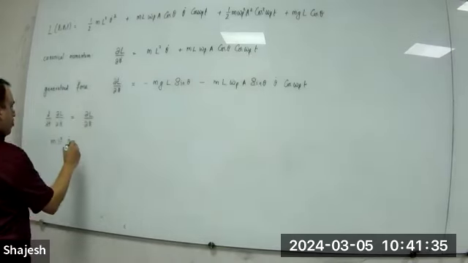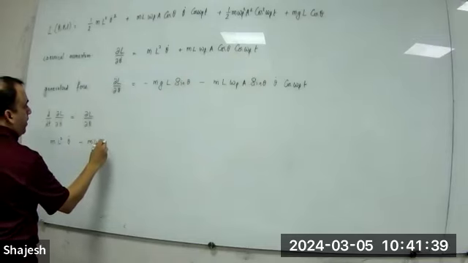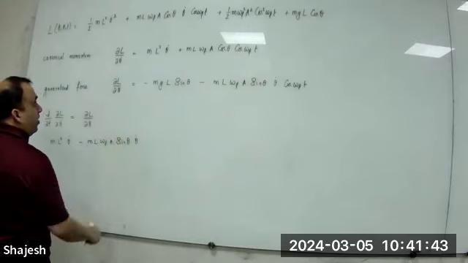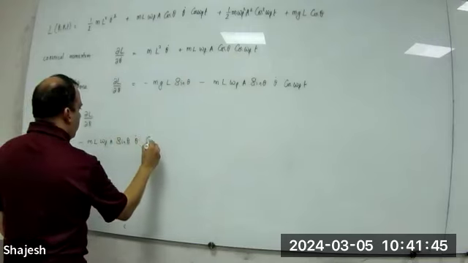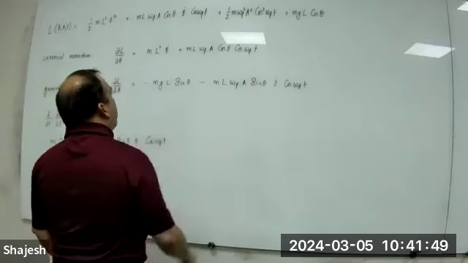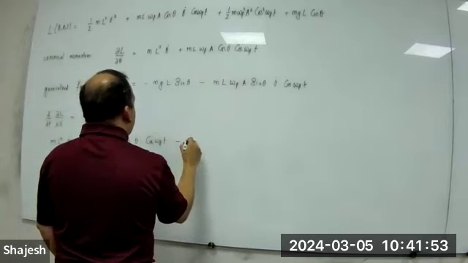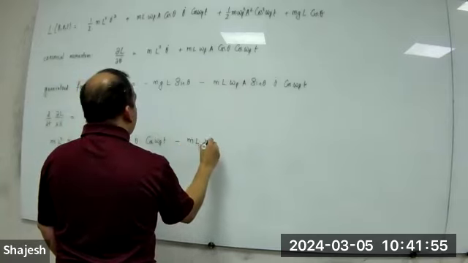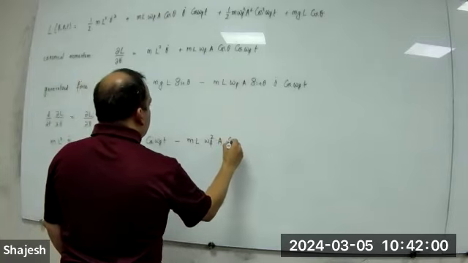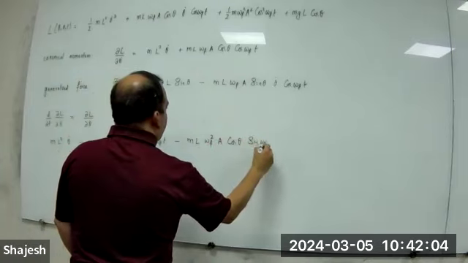When I do the first one, it is minus m L omega_f A sine theta dot cosine omega_f t. And now I can take the derivative of the cosine omega_f t itself, which is minus again m L omega_f squared A cosine theta times sine omega_f t.